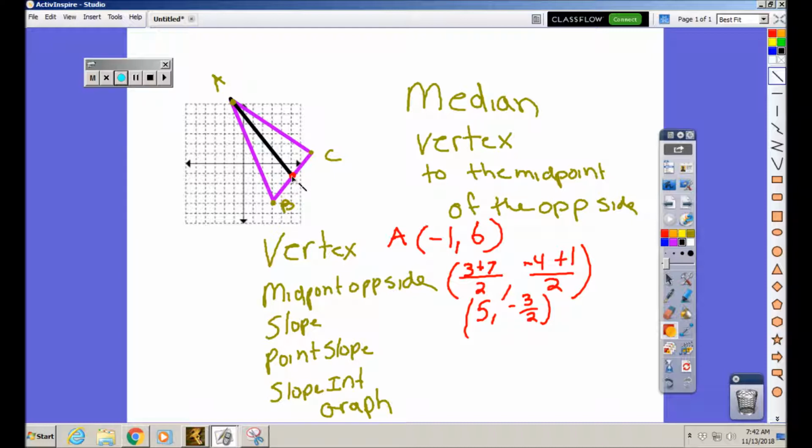I can connect points. Now I want to find the slope, so I can do two things. I can use the slope formula, or I can count. I prefer to count. So from here, I'm going to go down 1, 2, 3, 4, 5, 6, 7. Ooh, that's like a half thing. Do you see what I'm saying?